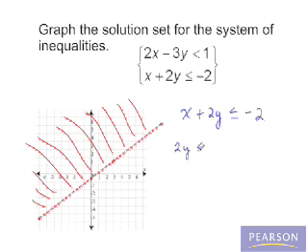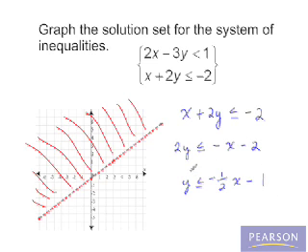So we have 2y is less than or equal to negative x minus 2. And now we will divide everything by positive 2. So no need to flip the inequality symbol since we're dividing by a positive value. Negative x divided by 2 would be negative 1/2 x, and negative 2 divided by 2 is negative 1.